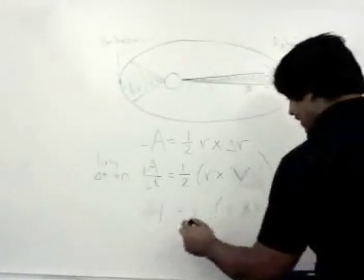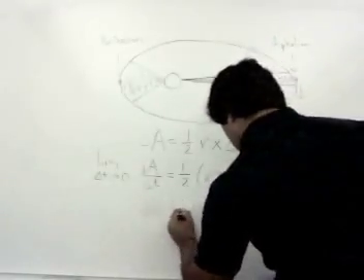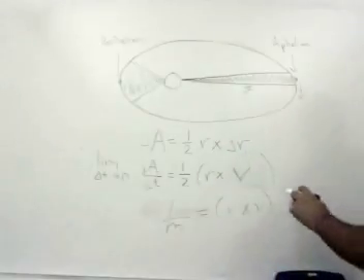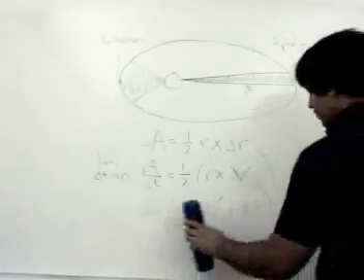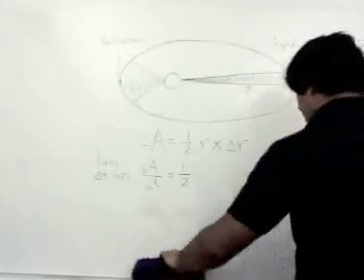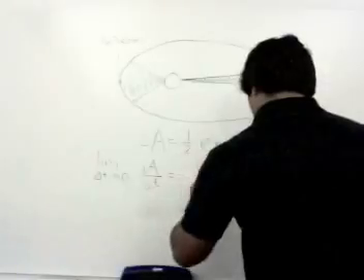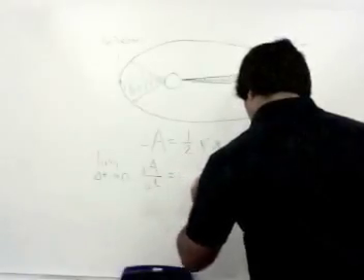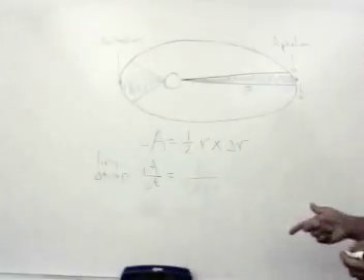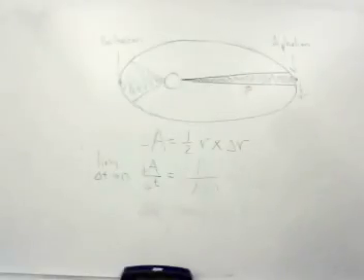So we can say that L over m is equal to r cross v. Now we can take this r cross v and replace it with L over m. And when we multiply that by 1/2, we actually get L over 2m.